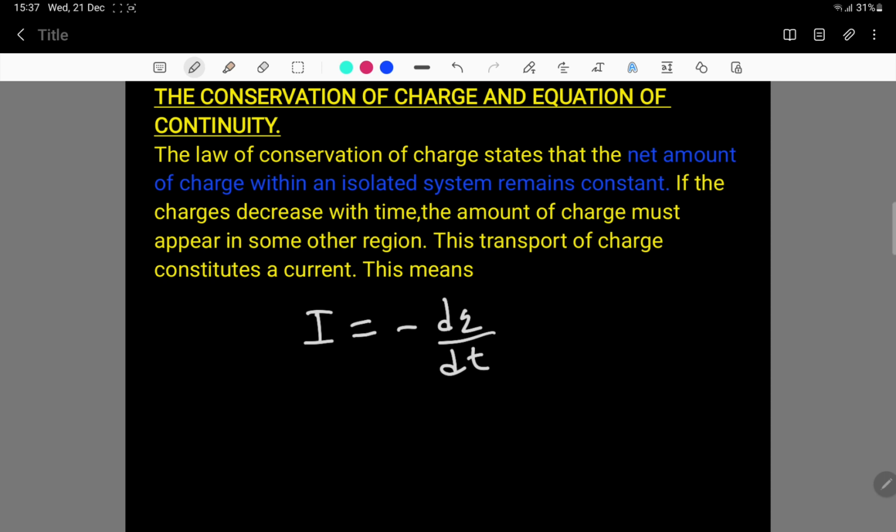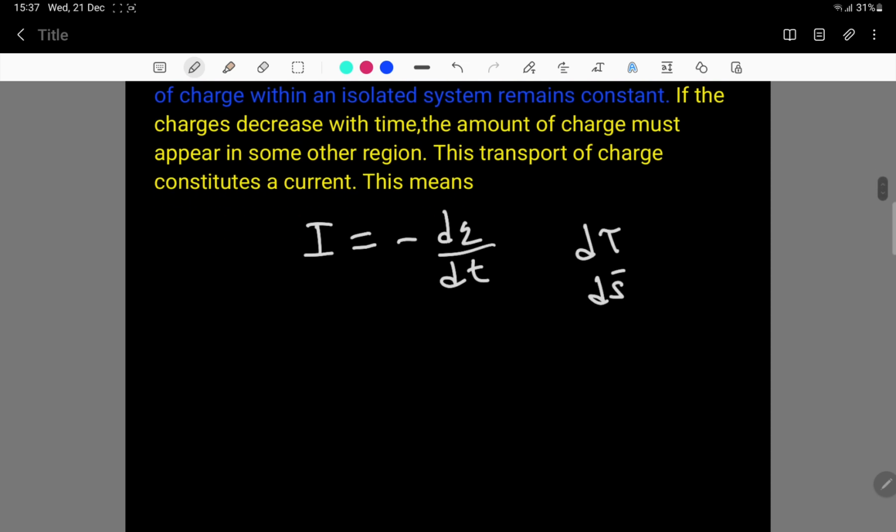Now if dq is the charge enclosed in a volume element given by this and leaving an elementary surface having area ds, we have I equals the closed surface integration of J ds.